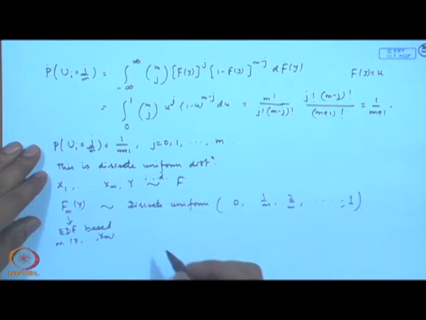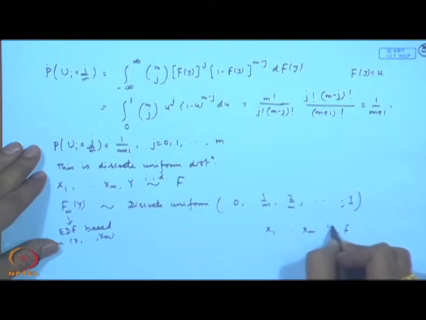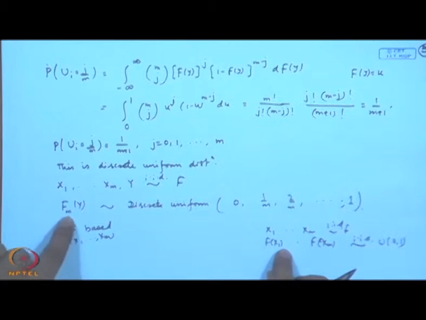So, this if you see, if I have x 1, x 2, x m from f, then if I consider f of x 1, f of x 2, f of x m, then this is IID from uniform 0, 1. Here in place of f I am putting f m.